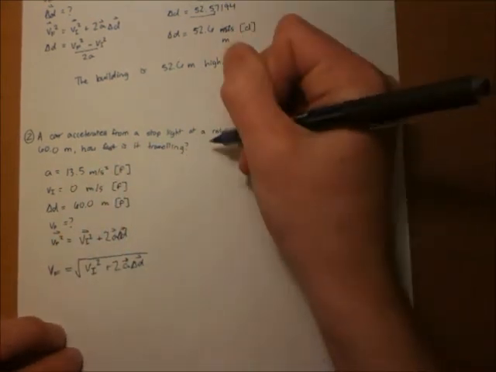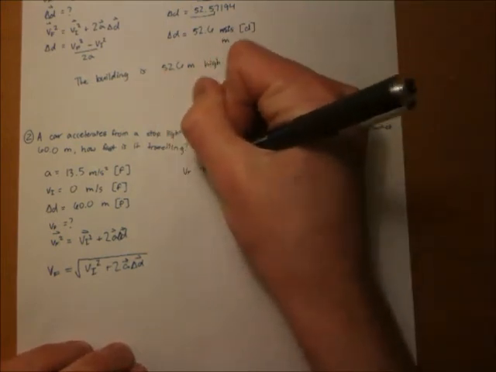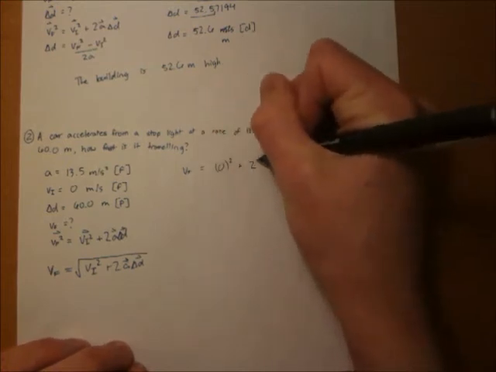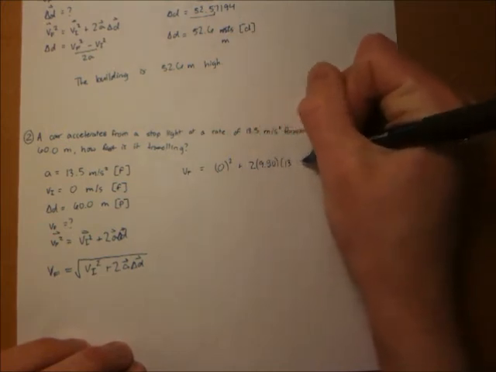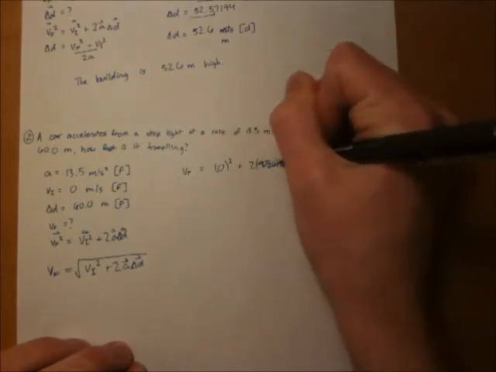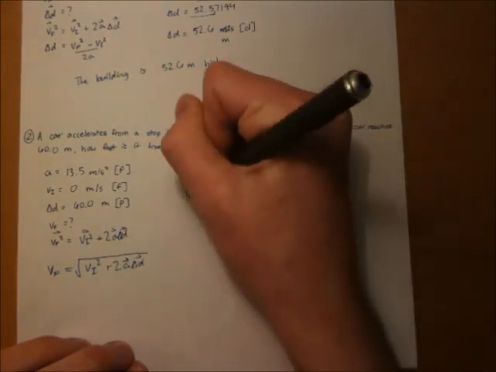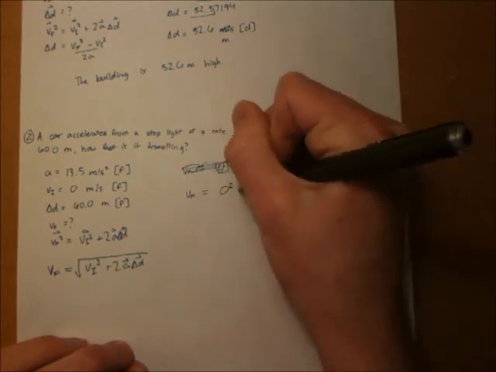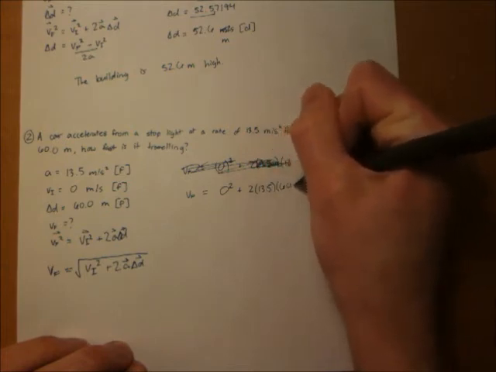Then we can sub in our variables once again. So we have vf is equal to 0 squared plus 2 times 9.80 times 13. Oh, no. Never mind. Scratch that. It should be velocity final is equal to the square root of 0 squared plus 2 times 13.5 times 60.